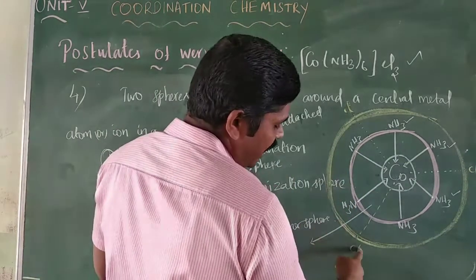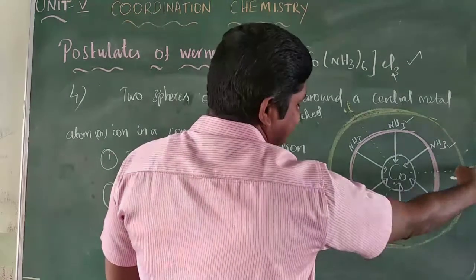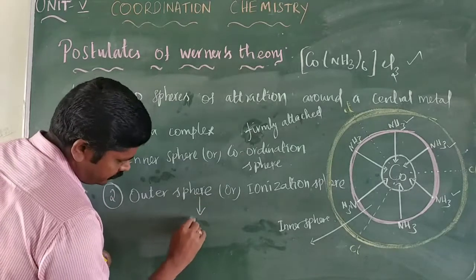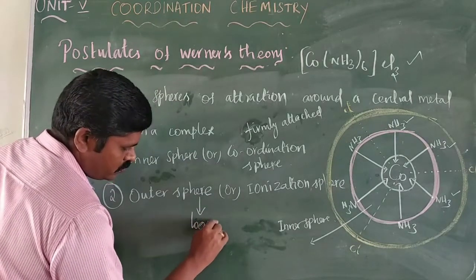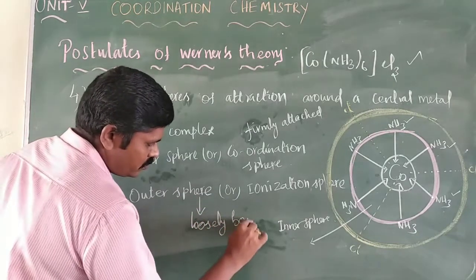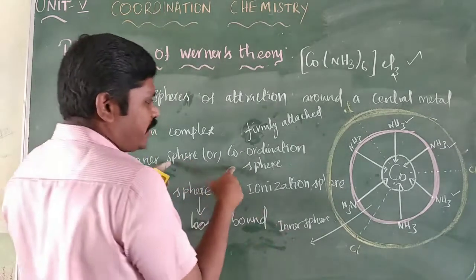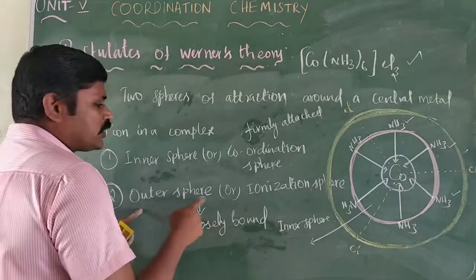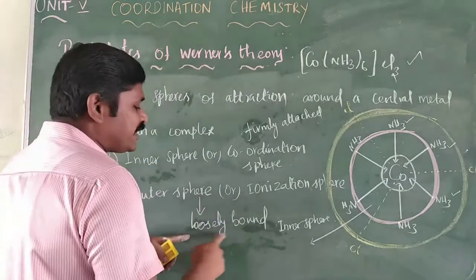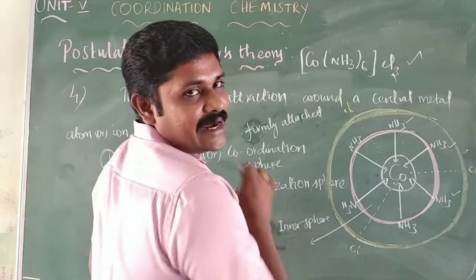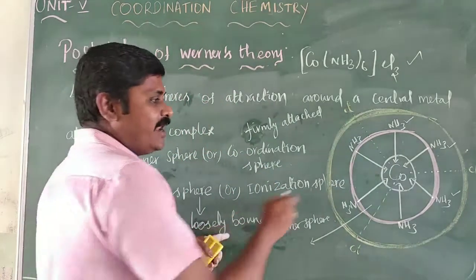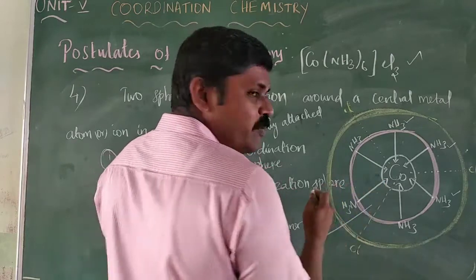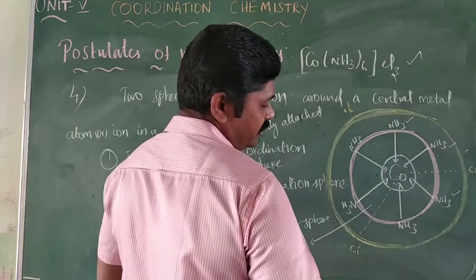The groups present in this sphere are loosely bound to the central metal atom or ion, and hence can be separated into ions.